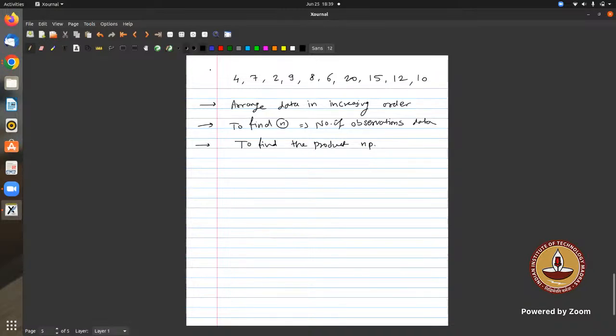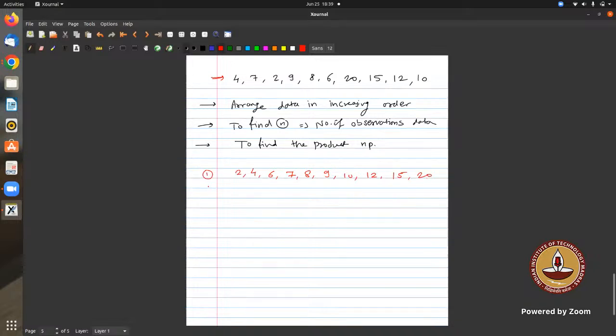So for this data set, the first step is to arrange the data. Can you tell me how to arrange this data in increasing order? 2, 4, 6, 7, 9, 10, 12, 15, 20. This is my first step.